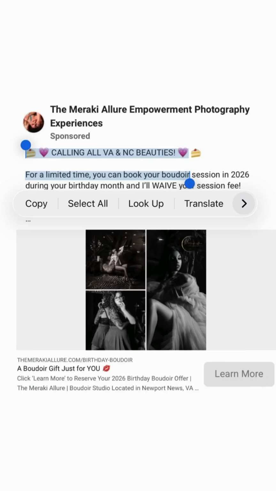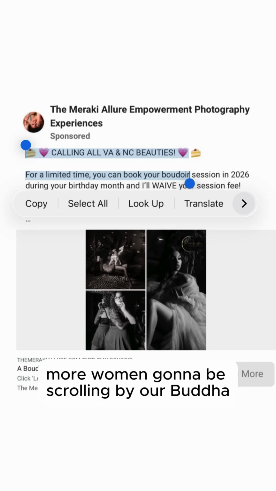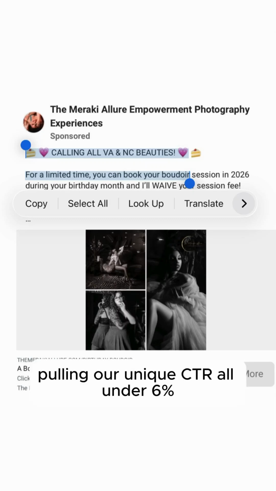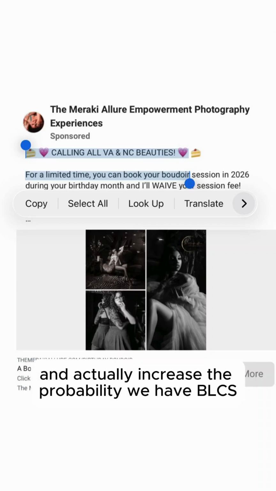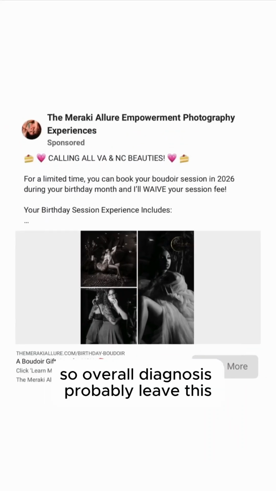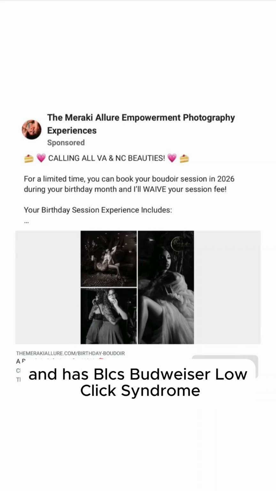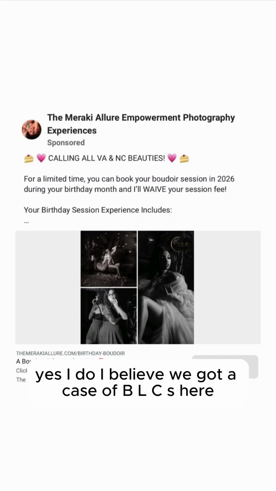Now, the consequence of this: way more women are going to be scrolling by our boudoir Facebook ads than necessary, pulling our unique CTR under 6%, and actually increasing the probability we have BLCS. So overall diagnosis, I probably believe this boudoir Facebook ad has a unique CTR under 6% and has BLCS, boudoir low click syndrome. Yes, I do. I believe we got a case of BLCS here.